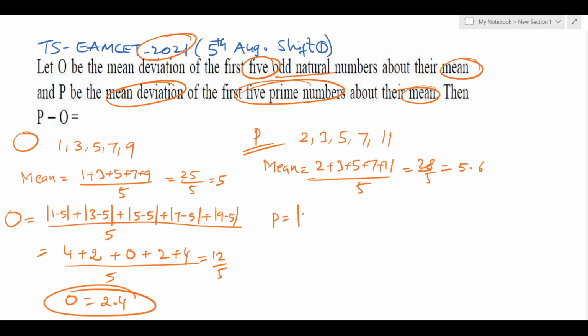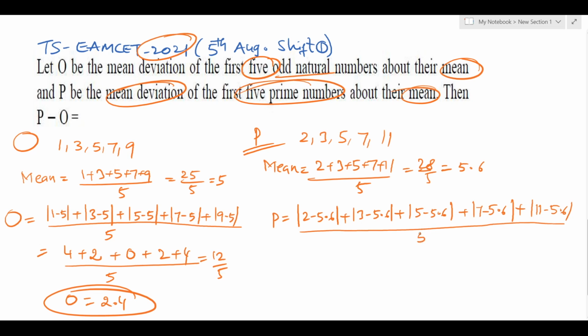P is equal to modulus of 2 minus 5.6, modulus of 3 minus 5.6, modulus of 5 minus 5.6, modulus of 7 minus 5.6, modulus of 11 minus 5.6, all by 5.